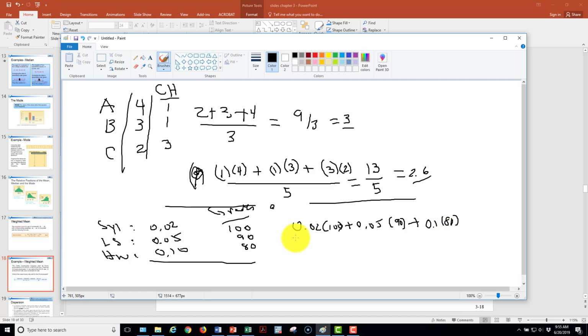And now remember, you have to divide by the summation of the weights, so it's divided by 0.17: 0.02 plus 0.05 plus 0.10. Whatever you get here will be the grade that you have. You don't just add 100, 90, and 80 and divide by 3. You need to use the corresponding weights.